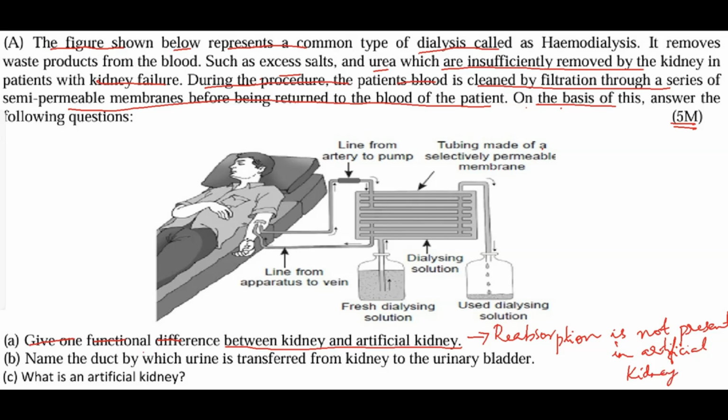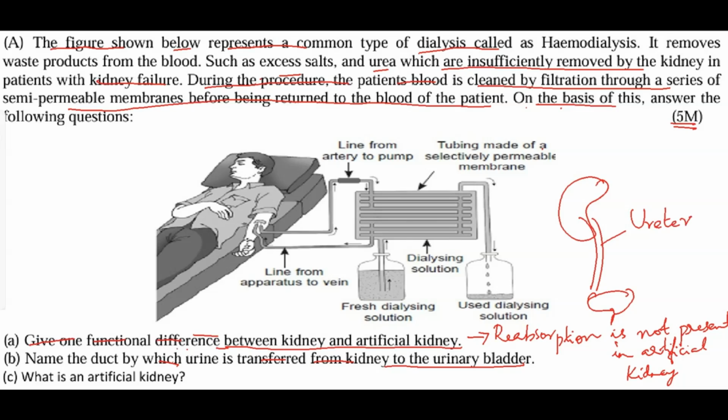Then going to the B part of the question, name the duct by which urine is transferred from kidney to the urinary bladder. From the kidney to the urinary bladder is here. This duct is called ureter.